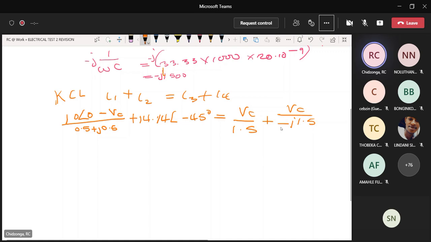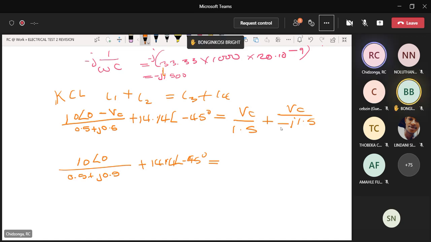So we'll do that. This side becomes 10 angle 0, divided by 0.5 plus j 0.5, plus 14 angle minus 45, equals to, I'm going to take this term now, it's negative here, so it will add that side. And I'm going to factorize to take out the VC right away.